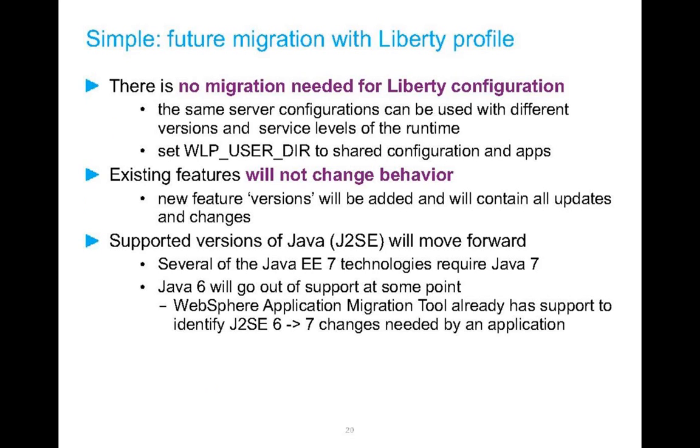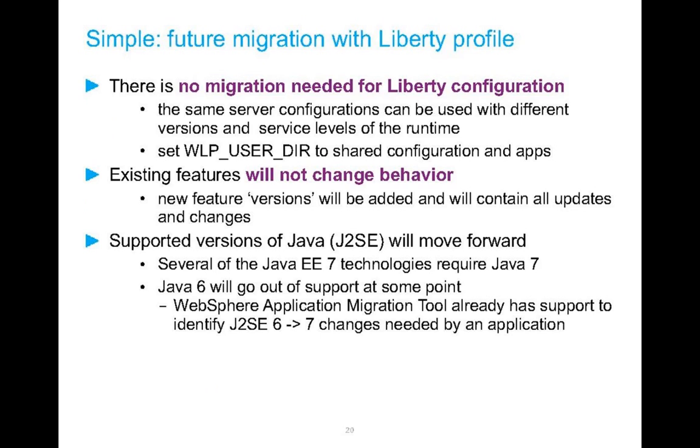If you have JSP 2.2, it will always be there. The behavior will always be the same. Now, when a new version of JSP comes, say JSP 2.3 or 2.4, then you will have a new feature with that particular name. So you would not have this problem, because you'll continuously have the same behavior for your old features, and new behavior would be exposed by new features.